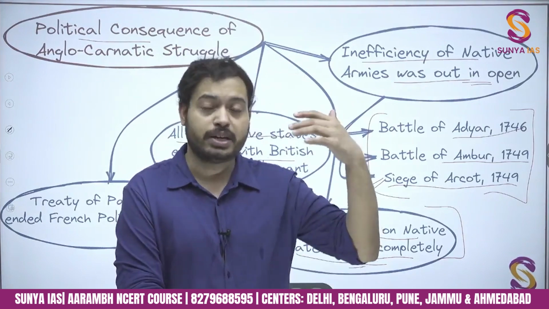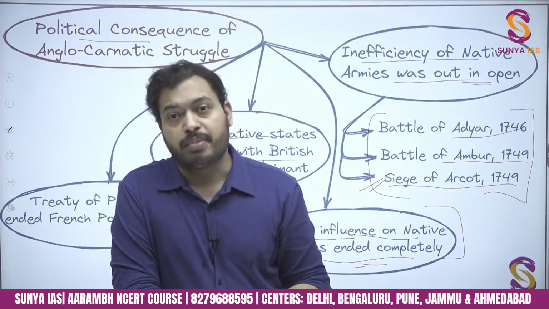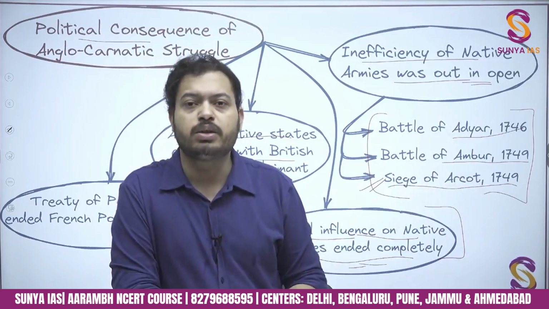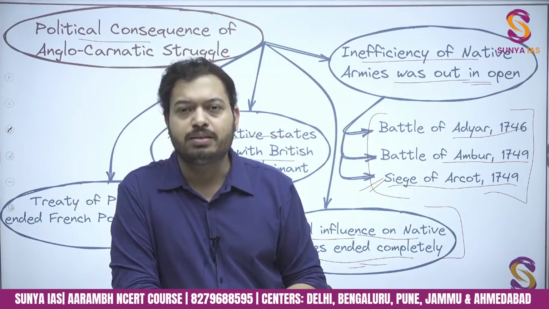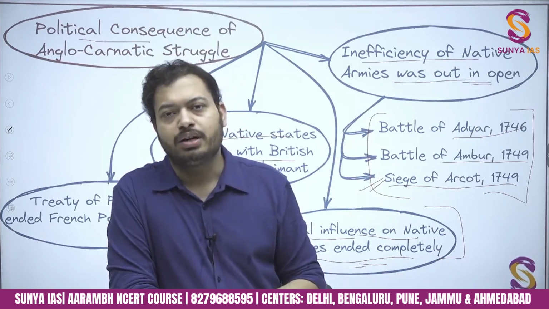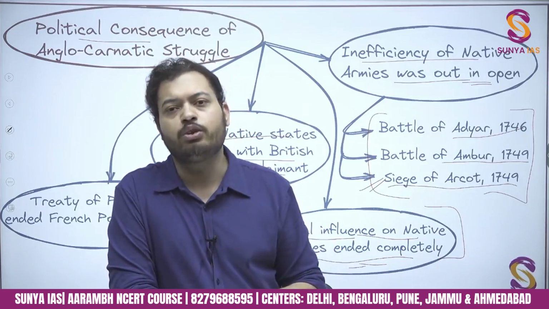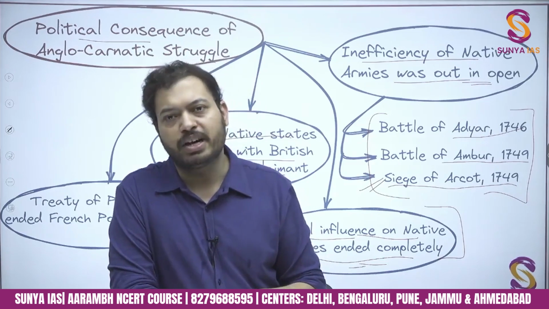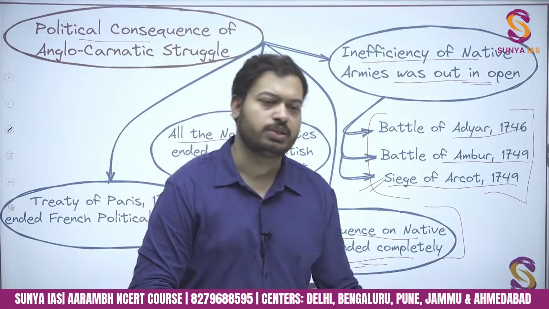Prior to it, the Carnatic Sultanate was part of the Mughal Empire, but when all these things were happening, the Mughals were busy in their own affairs, and not even a single letter was issued regarding any of the issues. They didn't even try to play any role. So it was very much visible that they are no more a party, no more interested or capable of handling the situation.